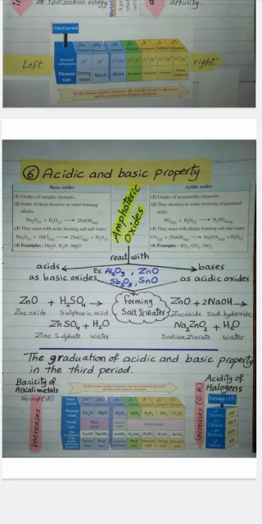Also, zinc oxide reacts with bases like sodium hydroxide NaOH to produce sodium zincate. Sodium is monovalent, zincate ZnO2 is divalent. So the chemical formula of sodium zincate is Na2ZnO2 and water is produced.